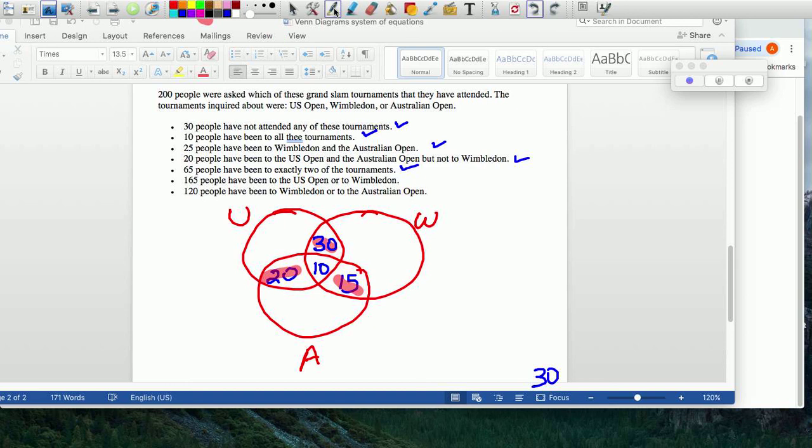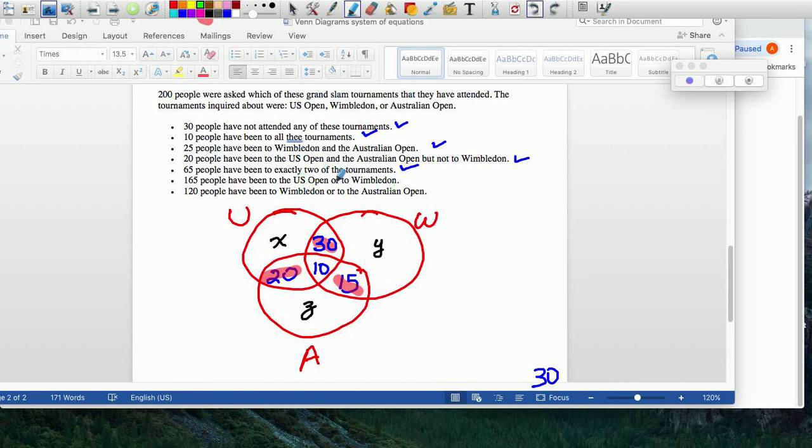Actually, before I do that, I can't fill in the other places. So before I start shading, I'm going to put a variable. This, and this. Okay. Now I'm going to go back to this. So the people who have gone, let's use green, to the US Open or to Wimbledon.